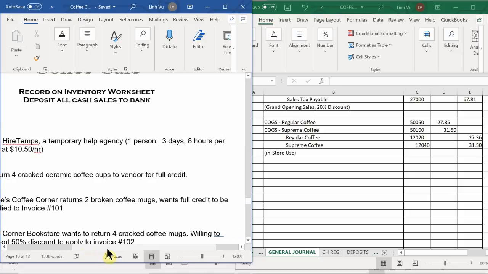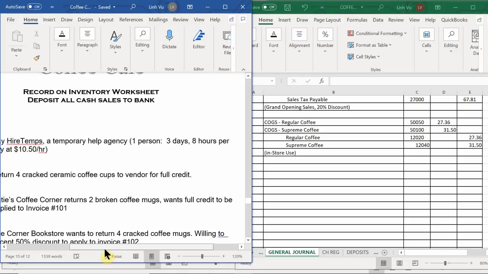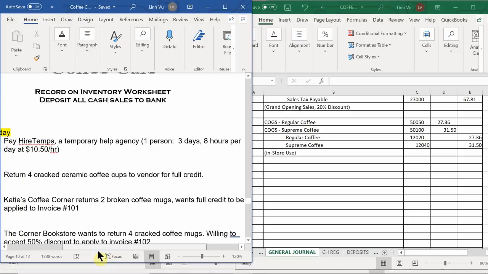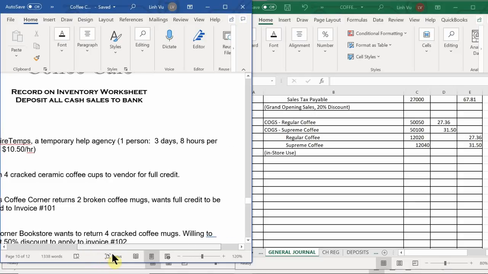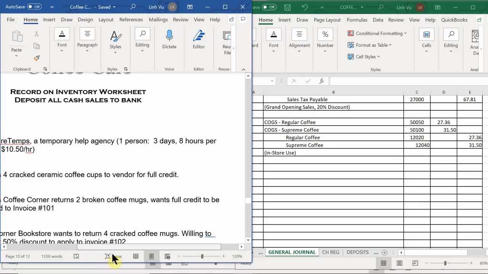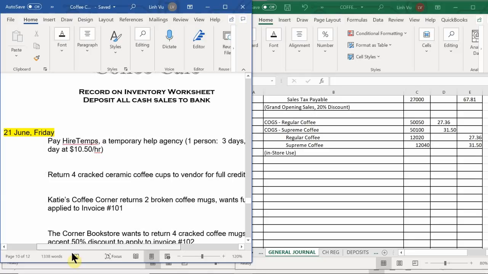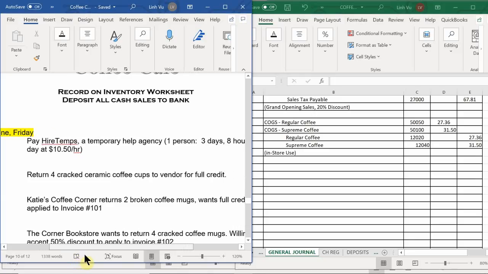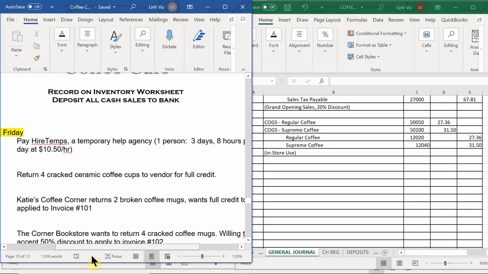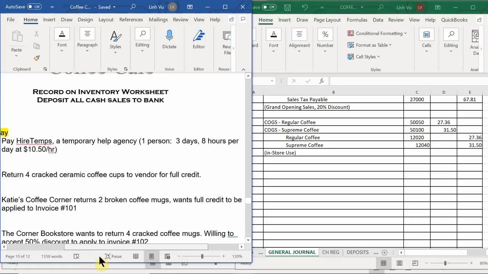Okay, so he's an independent contractor. Technically, he doesn't belong on payroll, but we are still going to consider him as an expense. So 8 hours a day at $10.50 an hour, one person, 3 days.